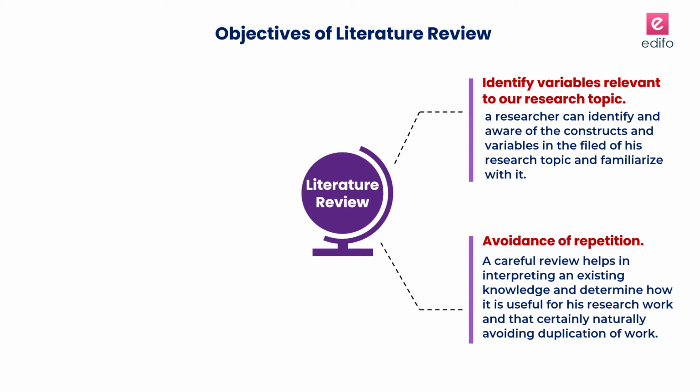A careful review helps in interpreting existing knowledge and determining how it is useful for his research work, and that naturally avoids duplication of work. In the theory development process, this is very important. But in theory testing, sometimes this duplication becomes necessary.